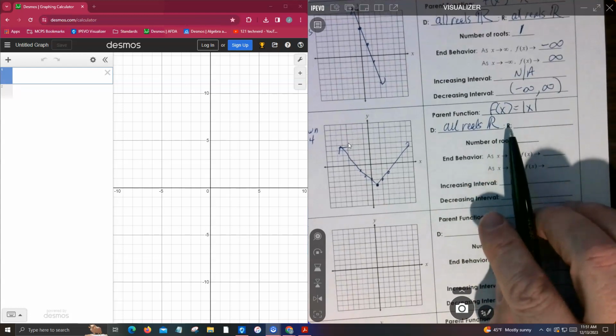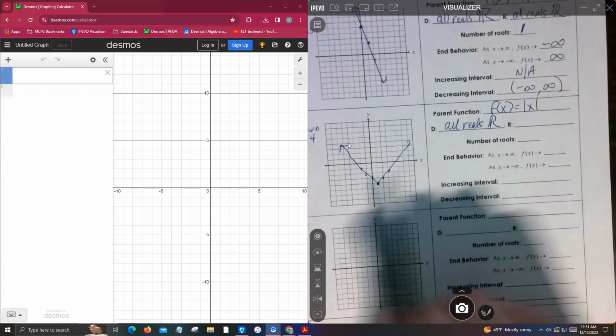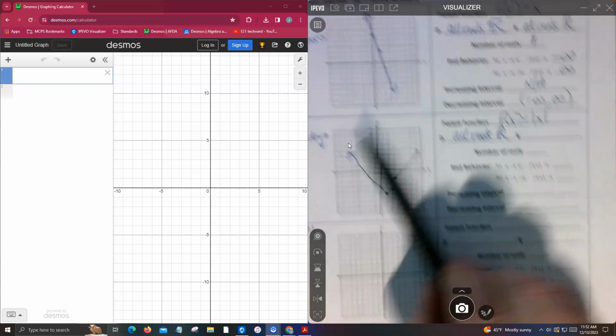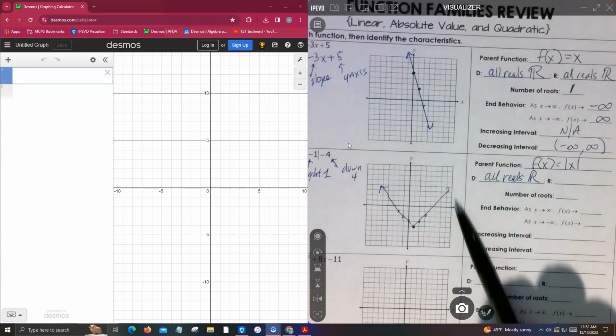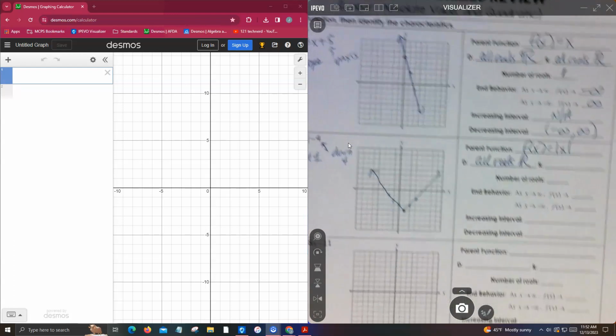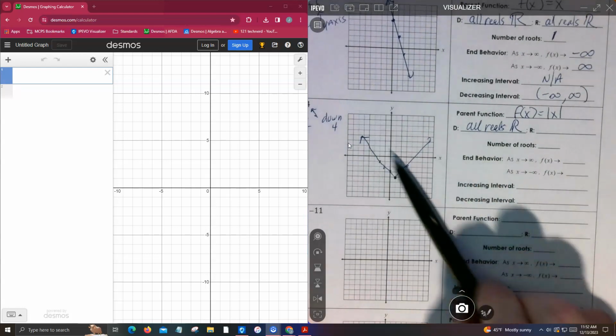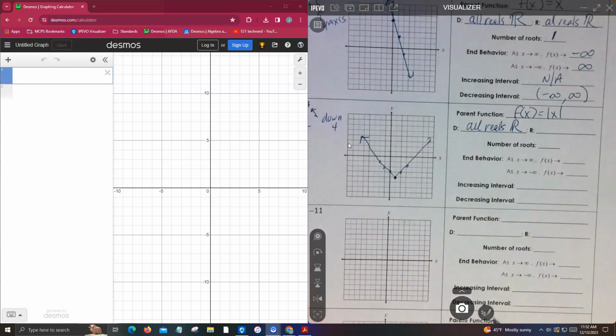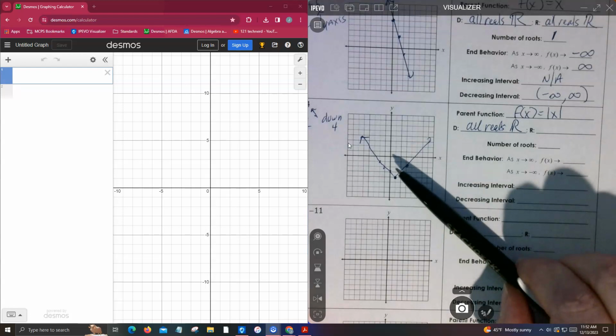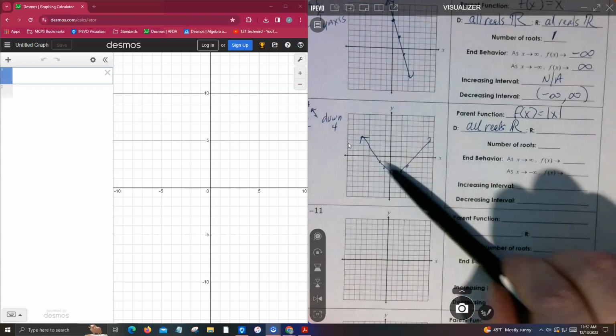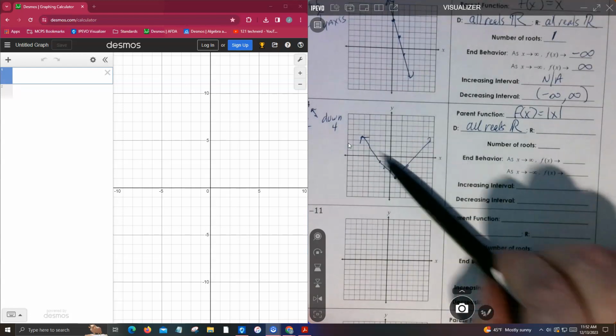Now, the range means what is y. Now, y can't be everything. Notice the last graph had an arrow pointing all the way down for the y's. Here, there is no arrow that points all the way down. Notice that all of our action is going in the upwards direction.